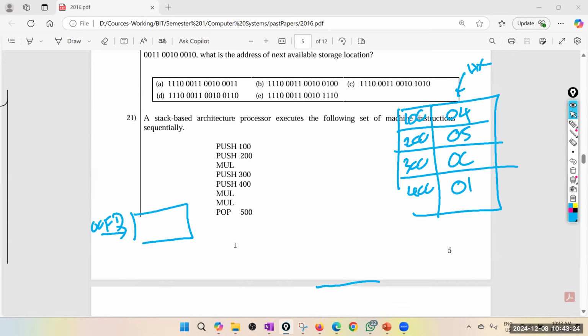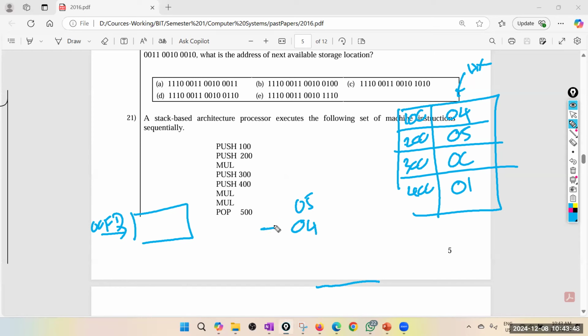Okay, let's execute this. Push 100. So remember, these are memory addresses. So the question says these are memory addresses. Therefore, push the value in memory location 100, the value is 04. Your stack has 04. Push the value in memory address 200. Now your stack has 05. This is your stack pointer now.